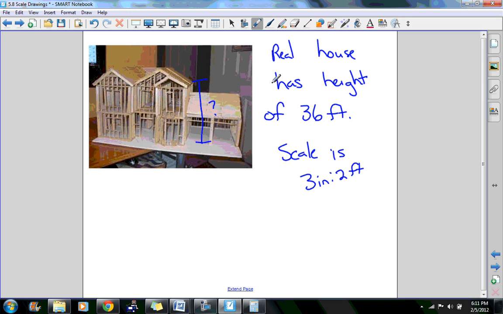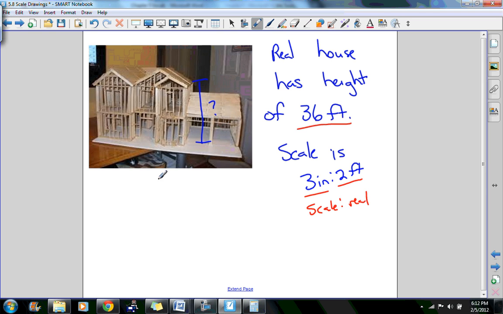So here is a scale model of a house, and we know that the real house has 36 feet. And the scale is going to be 3 inches in the model to 2 feet in real life, because it'll always be scale to real. Okay? Therefore, we want to know the length, or the height, I'm sorry, of the model house.